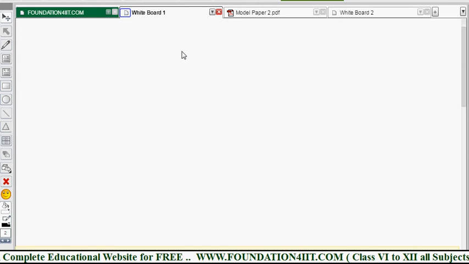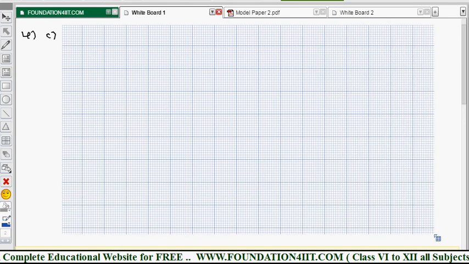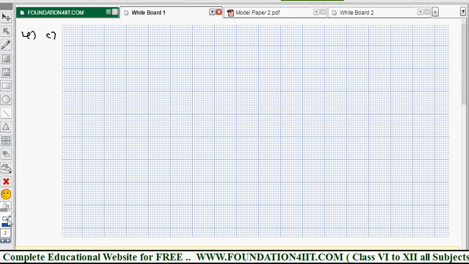Let's take this for C. Take the graph. So x and y axis. So this is the x axis and y axis in the middle.